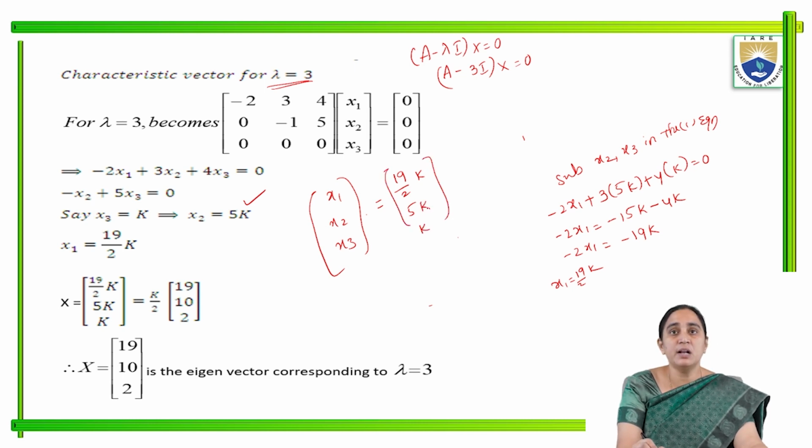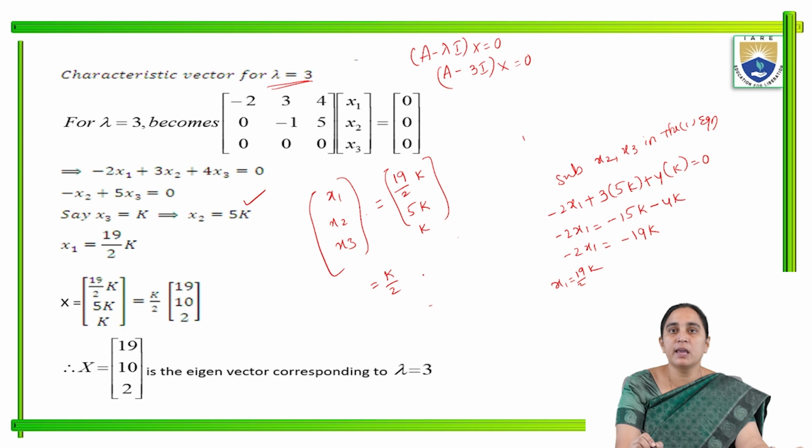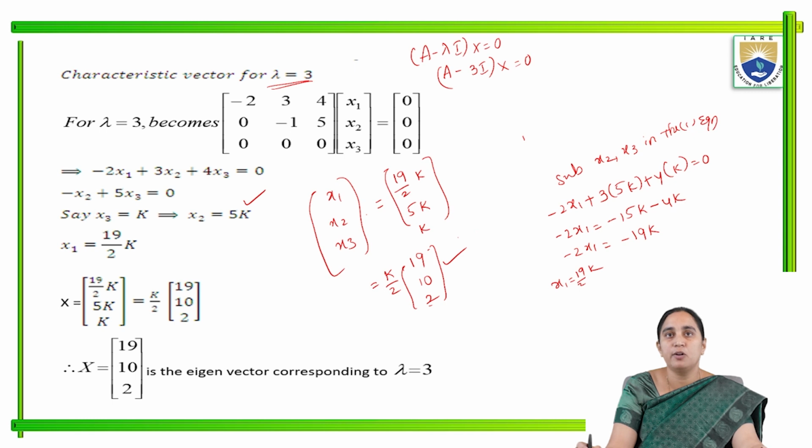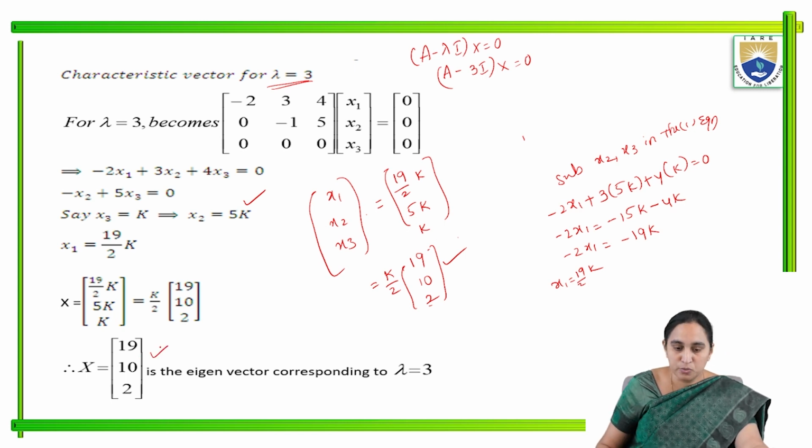I take the denominator outside, k by 2, so inside we have 19, 10 and 2. Therefore this is the eigenvector for the corresponding eigenvalue lambda is equal to 3. If lambda is equal to 3, the corresponding eigenvector is 19, 10 and 2.